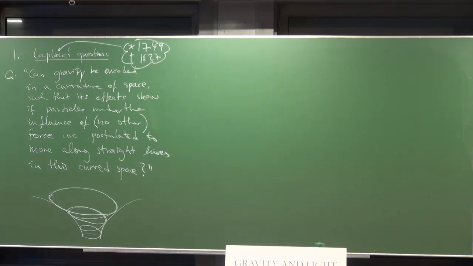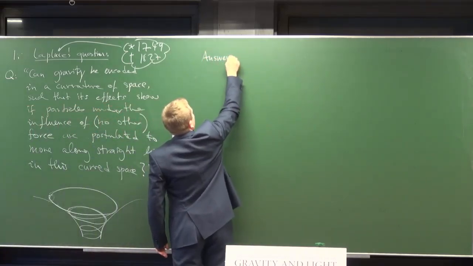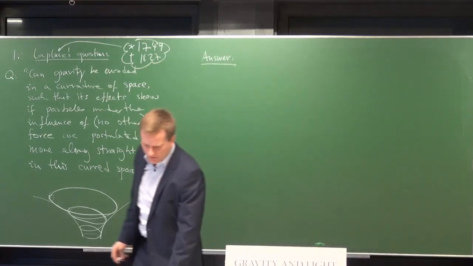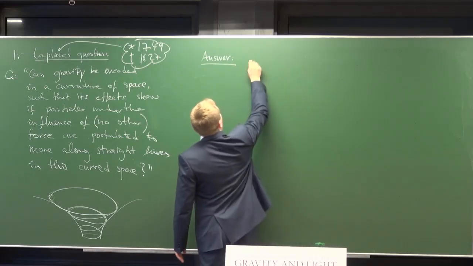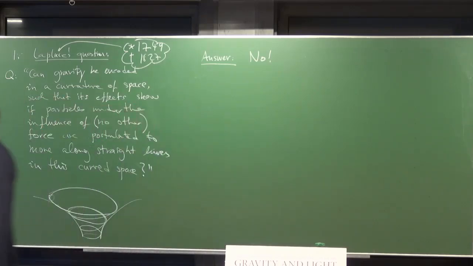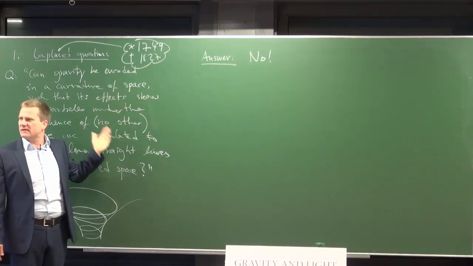And well, the answer to Laplace's question, and Laplace spent quite some while thinking about this, but we don't think about it, we use mathematics and it's a two-liner. The answer to Laplace's question is a resounding no. No, you cannot. It's absolutely impossible to come up with a curved space such that this works.